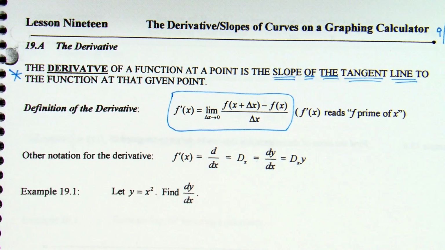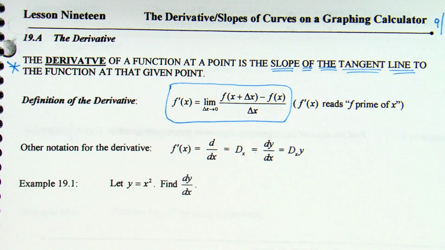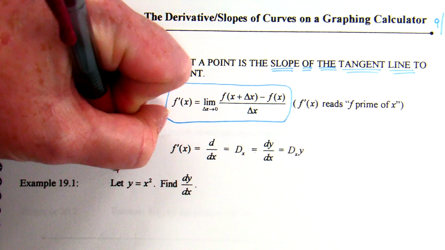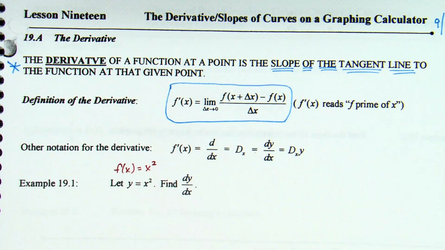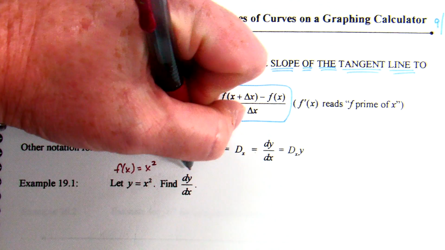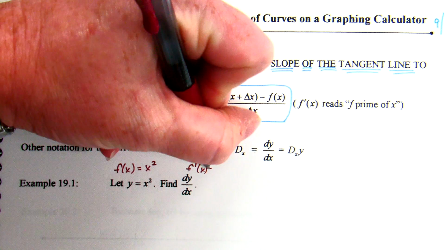Okay. So, example 1. They're giving me a function, y equals x squared. If you want, y is the same thing as saying f of x, right? And they're asking me to find dy dx. So they're asking me to find, if you want to think about it this way, f prime of x.